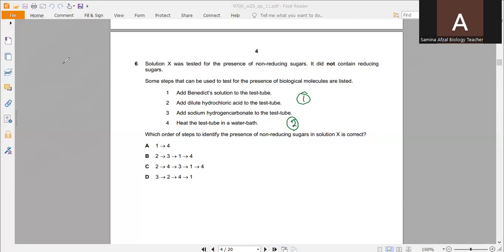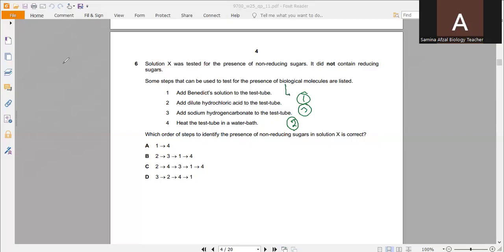After that, we will add some hydrogen carbonate solution to the test tube, because it has become acidic by adding dilute hydrochloric acid, which breaks down the non-reducing sugar into reducing sugar. To neutralize the solution, we will add hydrogen carbonate, which is an alkali. So it will be the third, and then we will add Benedict's solution to the test tube.